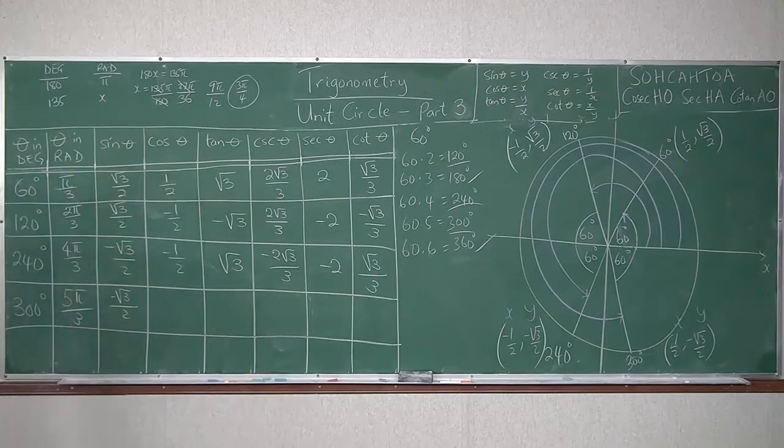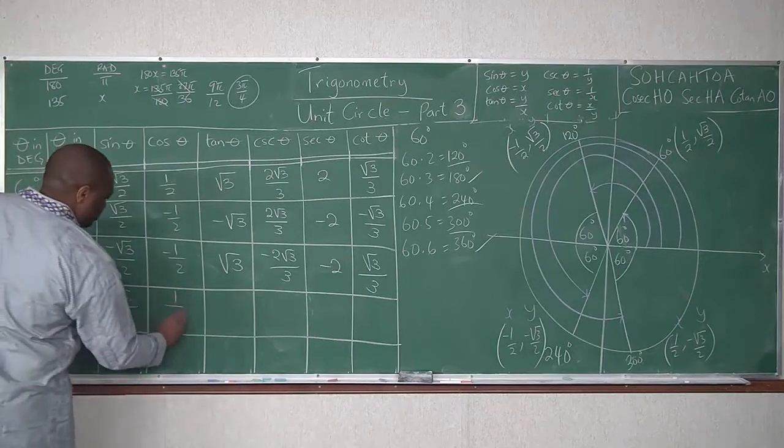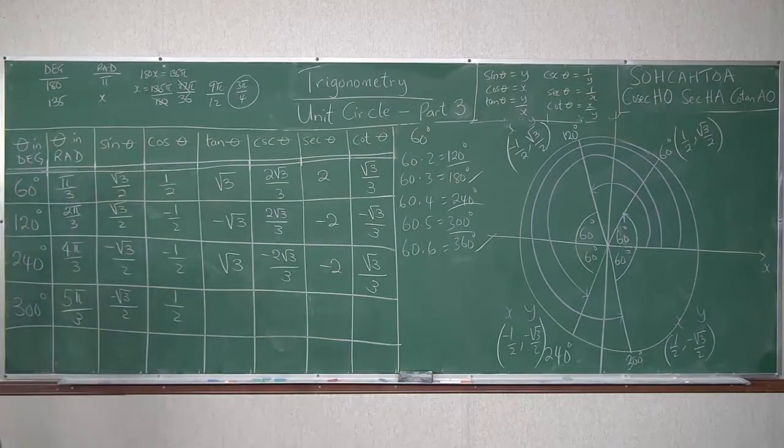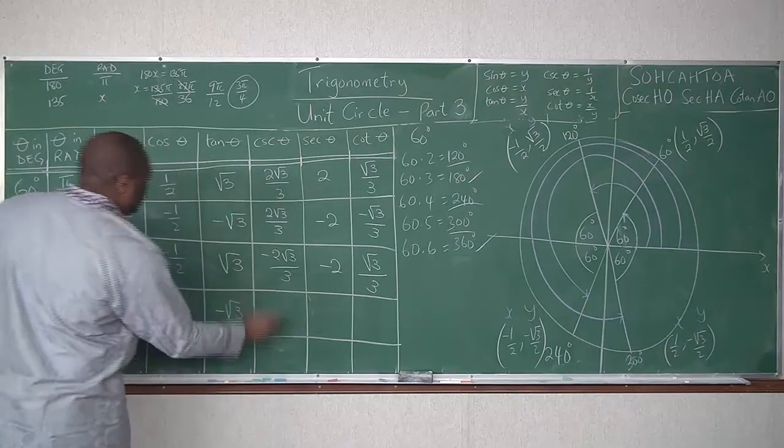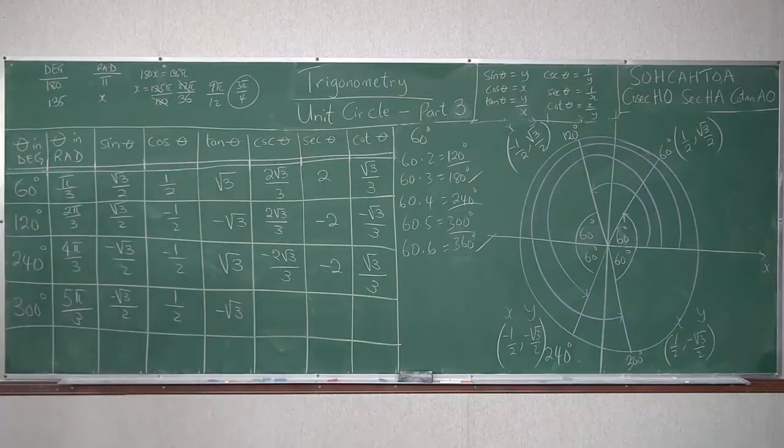Cosine is x, 1 over 2. Tan, y over x, so something is negative. So this will be negative root 3. 60 being the reference angle, which is great. You know, reference angles are all positive, so you could easily get it from the reference angle of 60.